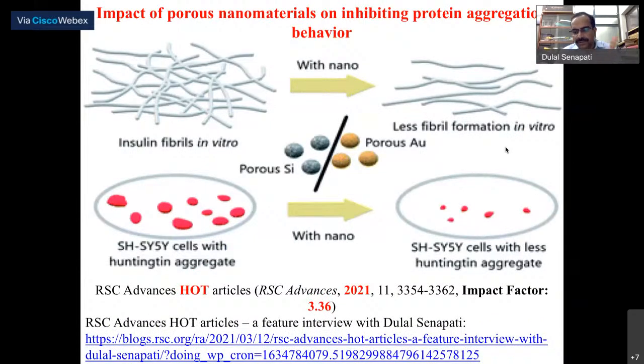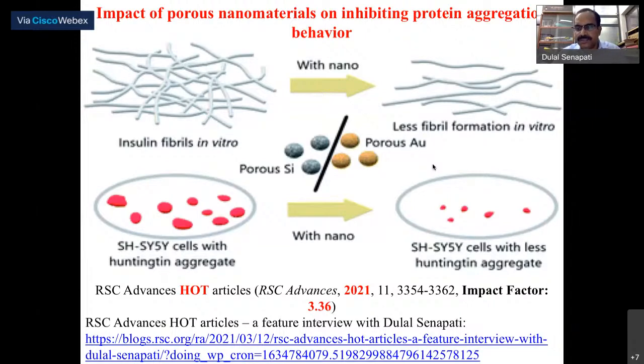Not only for energy purposes, we can also use different nanomaterials elsewhere. Suppose in this one we use two different nanoparticles: one is a porous silicon nanoparticle, and another is a porous gold nanoparticle. We found a restriction of aggregation.